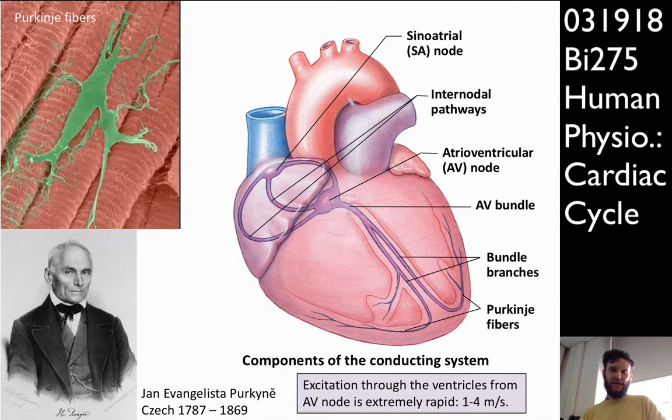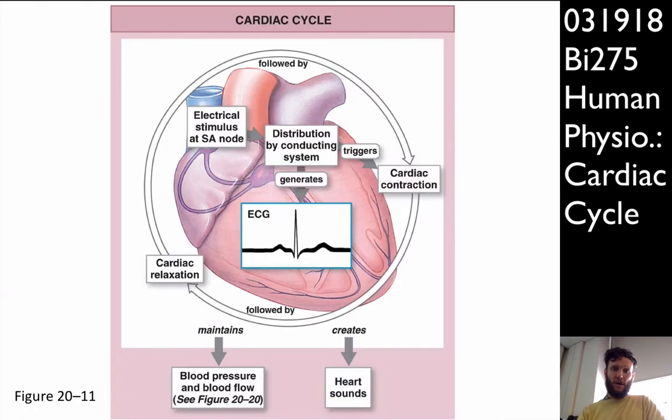Anyways, the excitation that happens throughout the heart is extremely rapid. It only takes about 1 to 4 milliseconds. That's 1/1000th of a second. Very, very rapidly. Okay, so here's an overview of the cardiac cycle, focusing on the conduction portion of it.